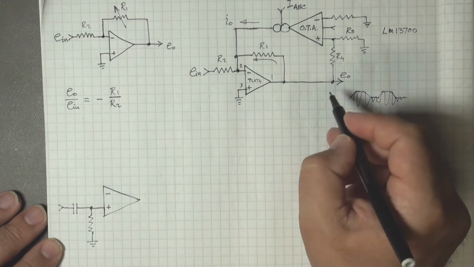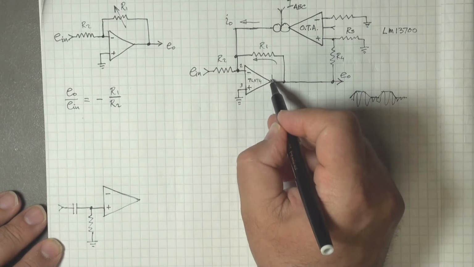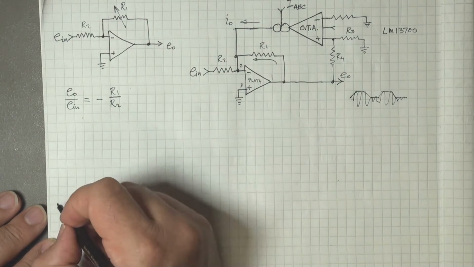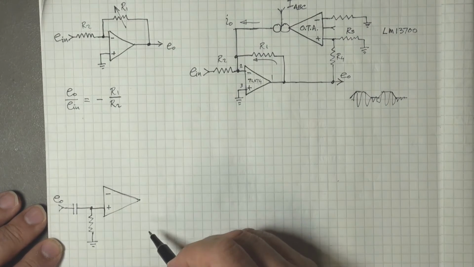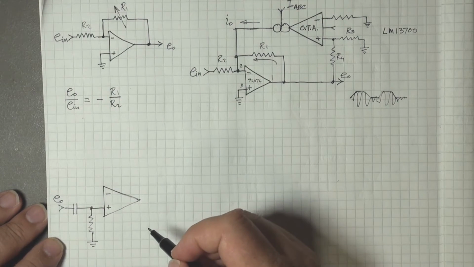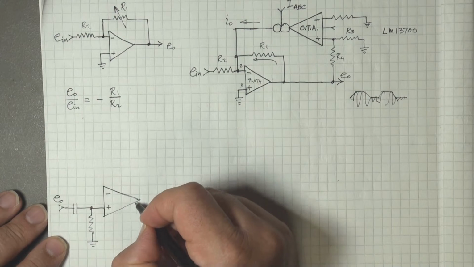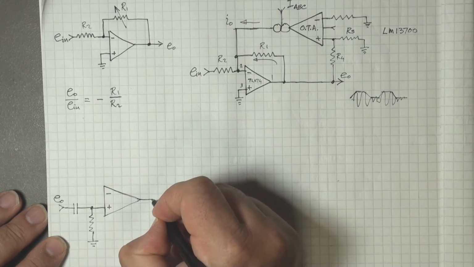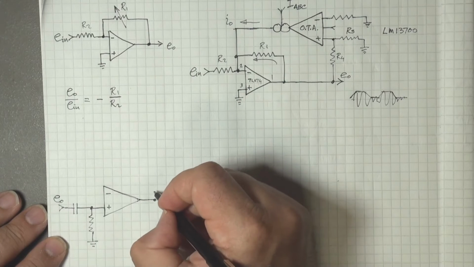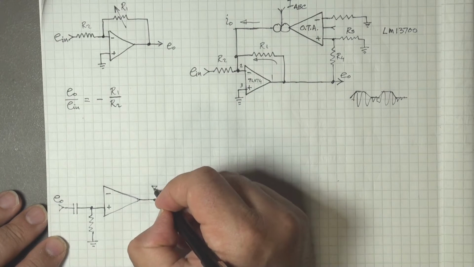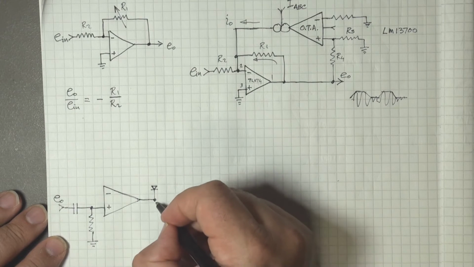Okay, so we feed the output of pin 1 of the TL074 over here into this low-pass filter, and let's put a few diodes in. I'll briefly explain how this works.